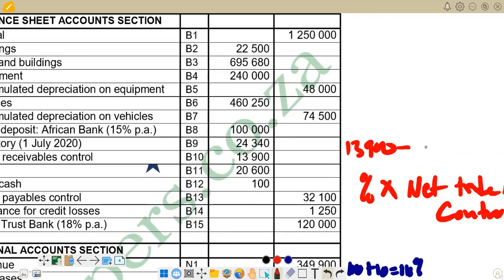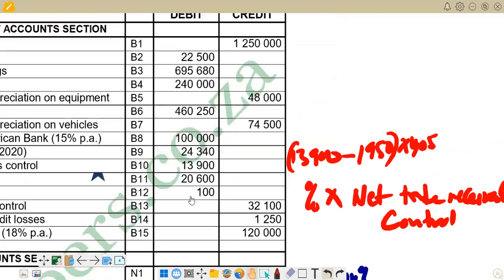Then we subtract the figure that we are given there, which is 1,950. And then for the amount that you get, remember the percentage was 5%, so you multiply by 0.05. 5% as a decimal becomes 0.05.